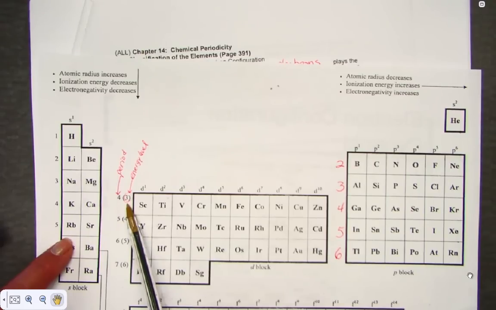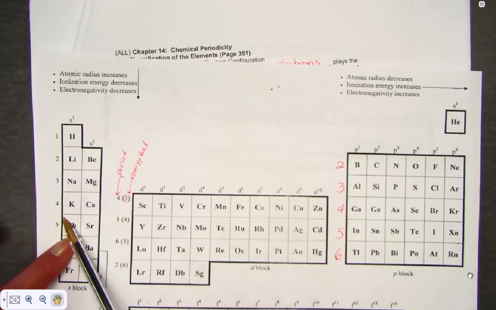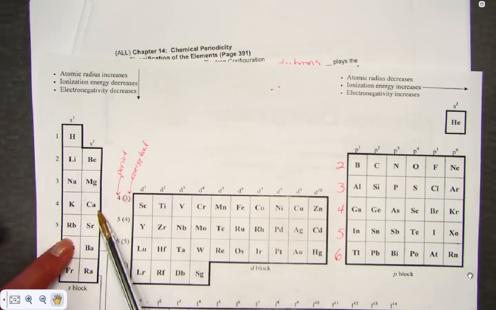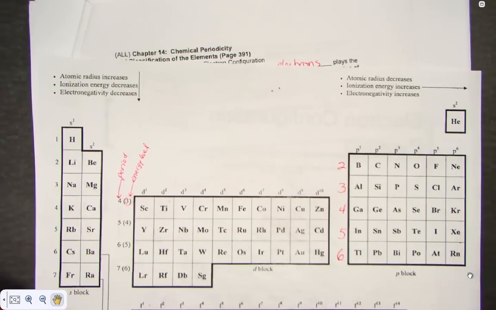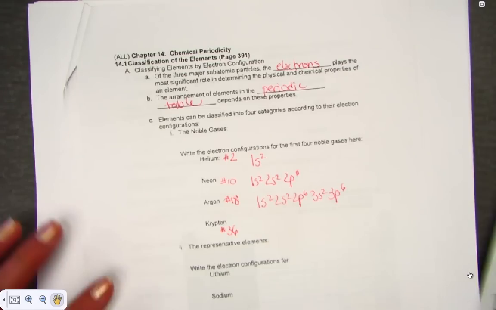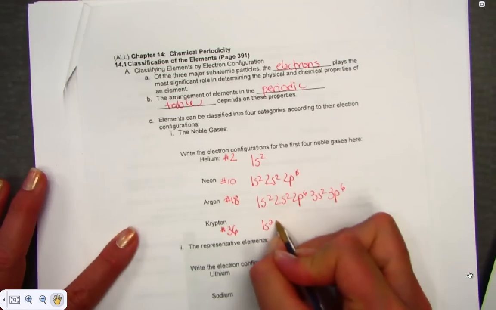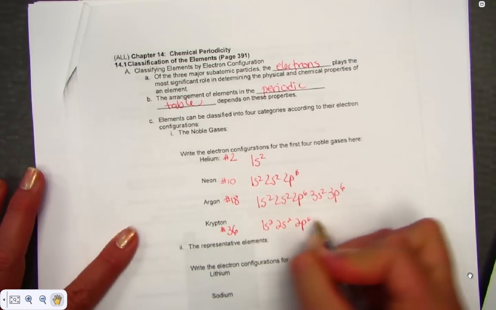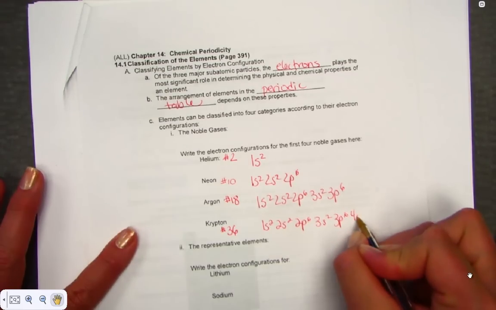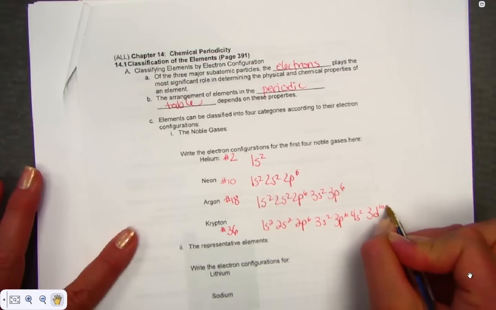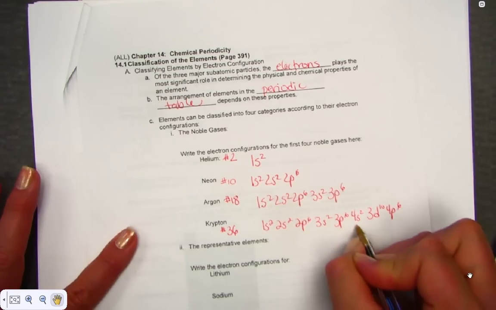Now notice the D sublevel gets hit in the fourth period, but the D level is always 1 behind the period number. So after I pass through 4s2, I hit 3d10, 4p6. And there we've reached krypton. 1s2, 2s2, 2p6, 3s2, 3p6, 4s2, 3d10, 4p6.